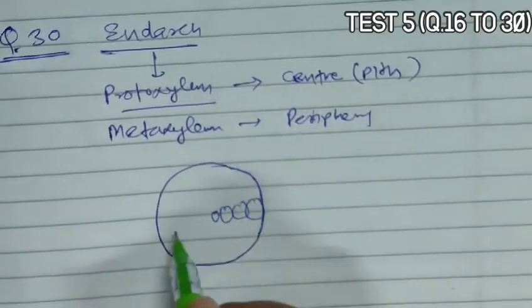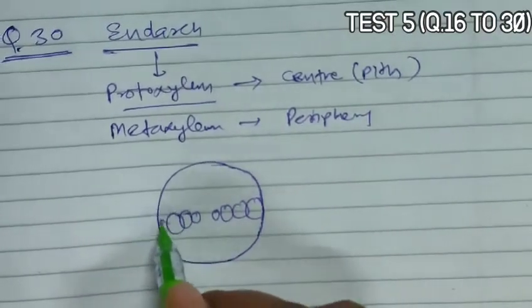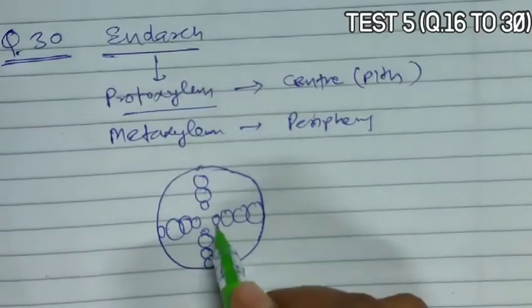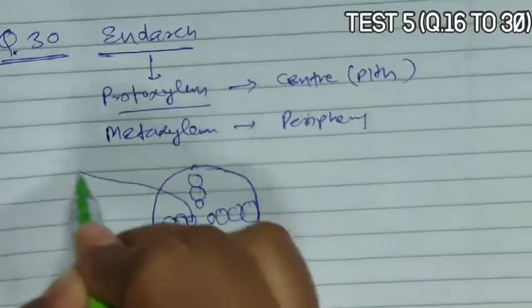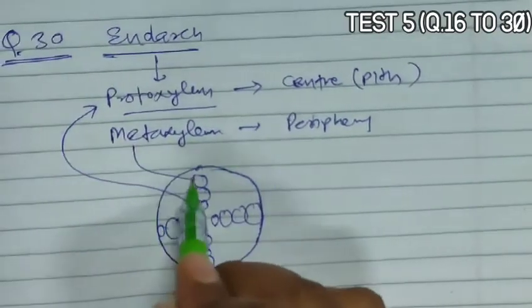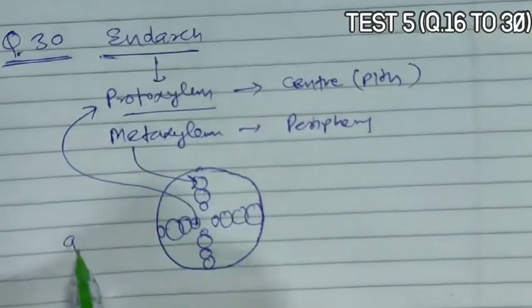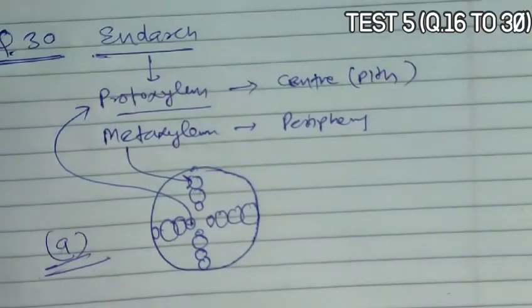And option D is cambium sandwiched between the phloem and xylem along the radius. That is not true because it is a monocot stem, and monocot stem cannot have cambium. So option B is the correct answer.